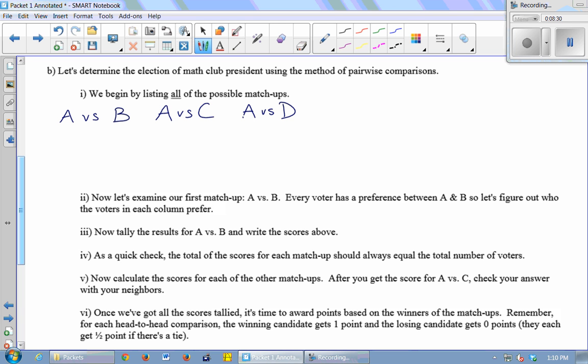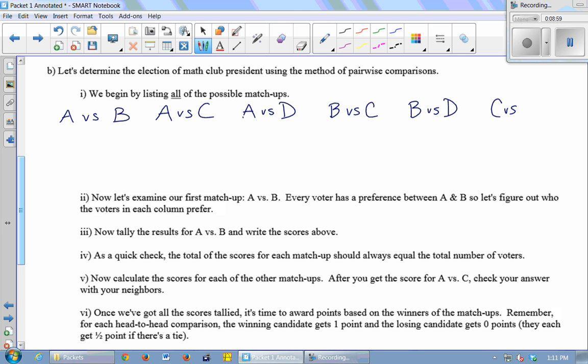And now I'm going to do B's matchups. So now I'm going to do B versus, I already have B versus A written over here. Right? So B versus B, that doesn't make any sense. So I move to B versus C and B versus D. And then I do C's matchups. C versus, I already have C versus A written here, and I already have C versus B written here.